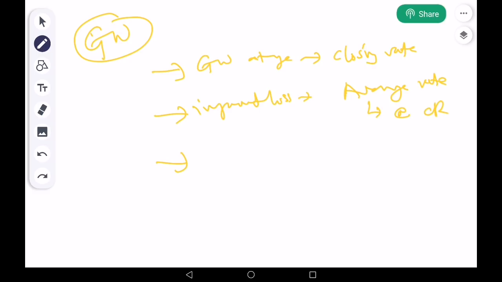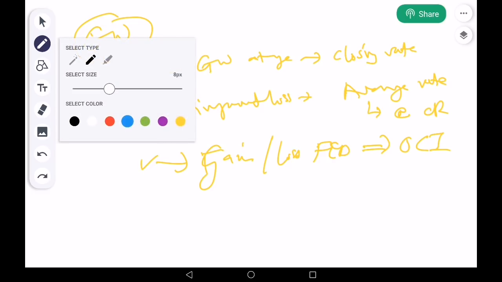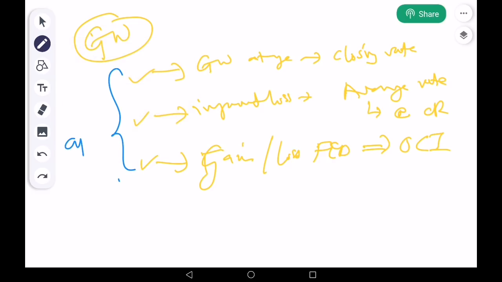You also can use closing rate. And you must mention about gain of foreign exchange difference will be entered in OCI. So when you explain this, make sure you got all these three minimum level. But don't mention like this, general. Please don't forget to apply with figure.